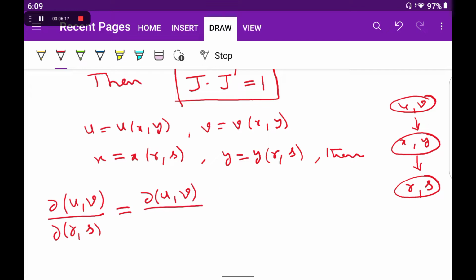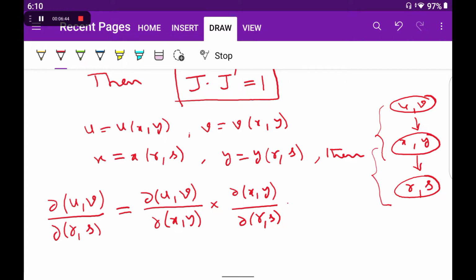First you find the Jacobian of u, v with respect to x, y, and then multiply it by the Jacobian of x, y with respect to r, s.